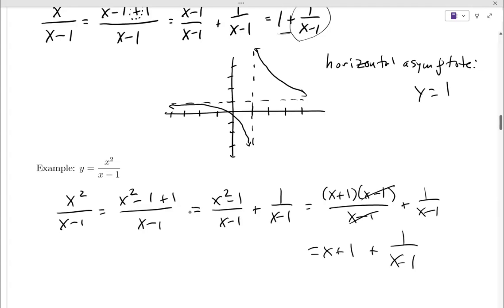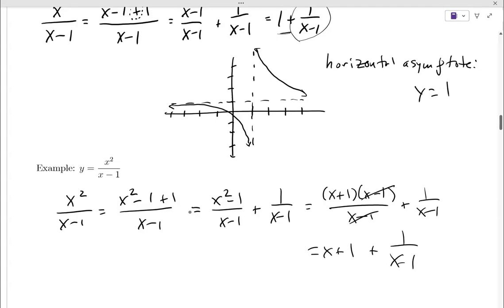Now, remember, we're thinking about as x gets really, really large. As x gets really, really large, what's x plus 1 going to do? Get really, really big, right? If I take something really, really big and add 0 to it, it's going to get big, right? Big plus 0 is still big, right?